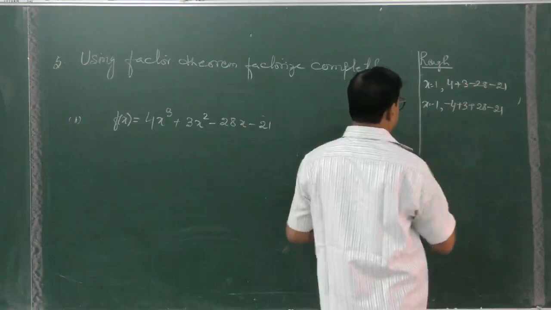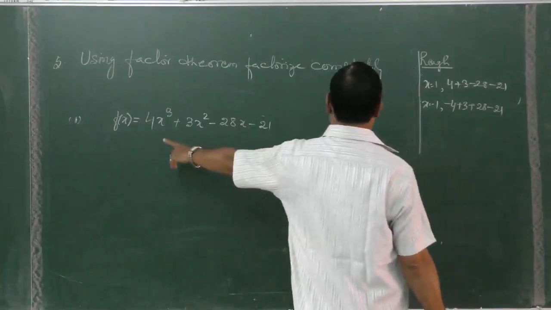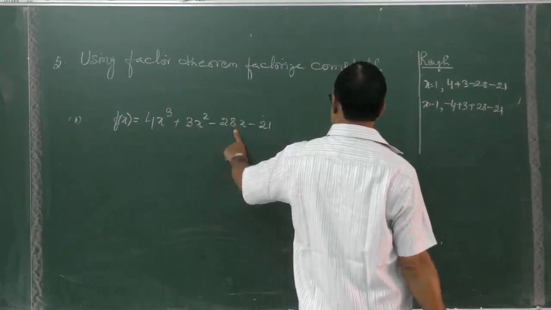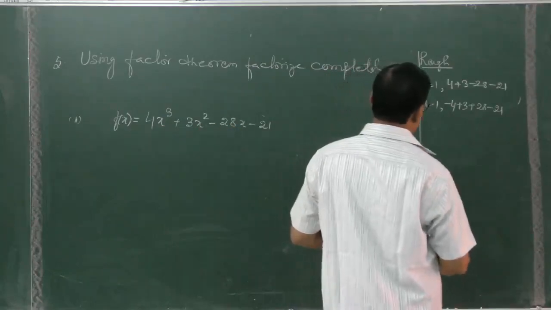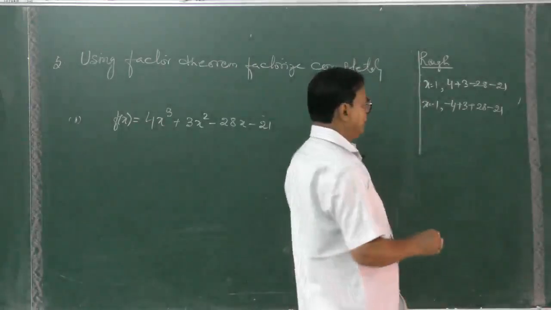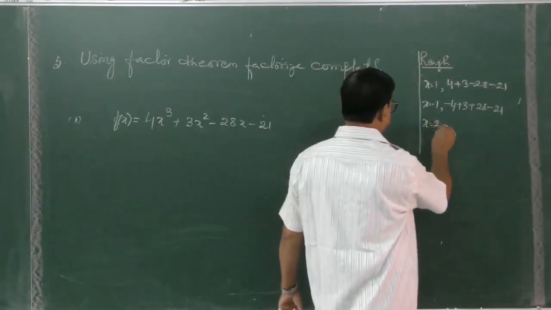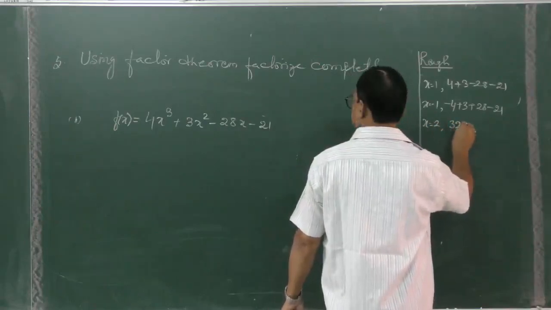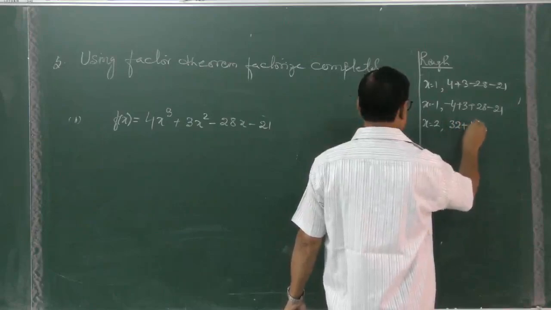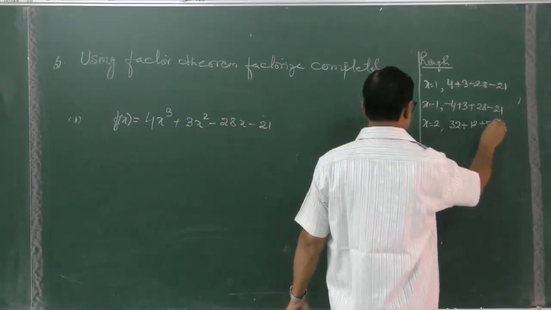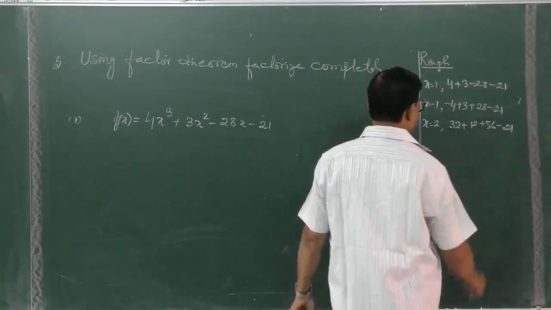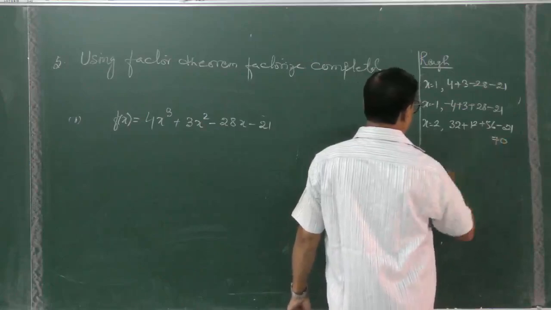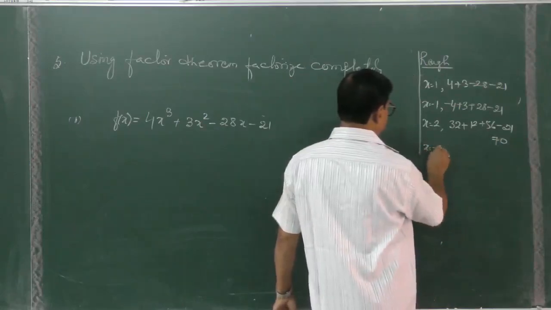So 31, still it's not 0. So try with x equal to 2. Well, this is also not equal to 0. Try with x equal to minus 2.